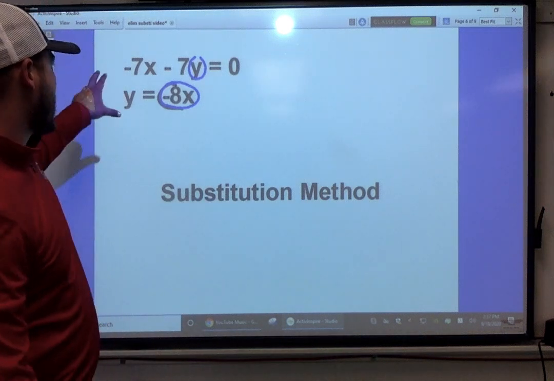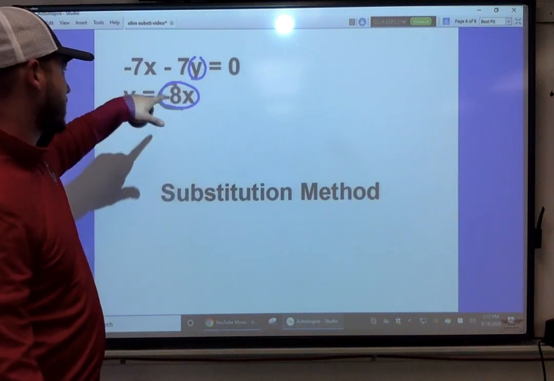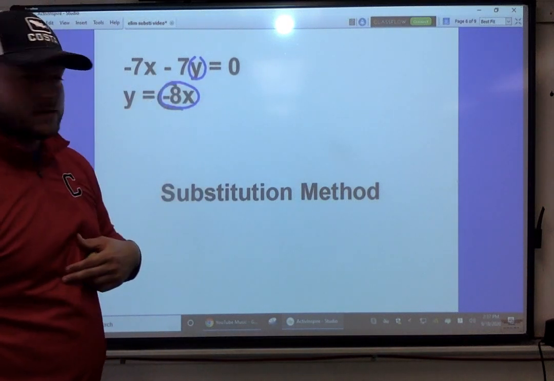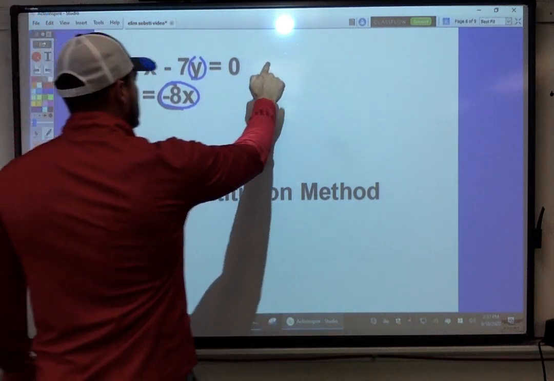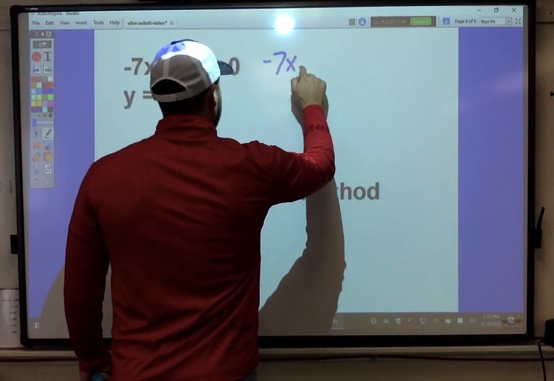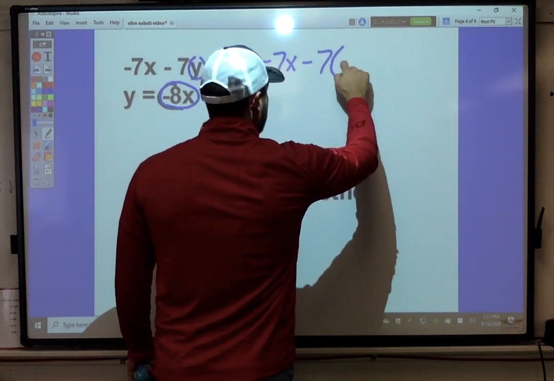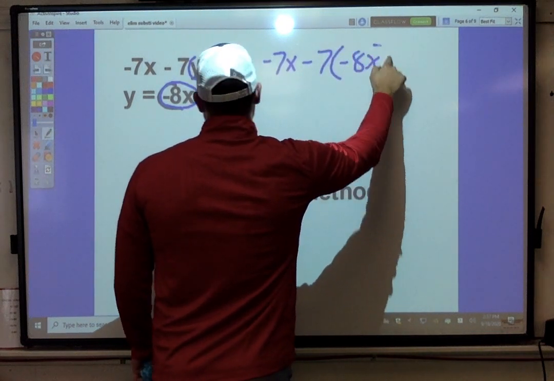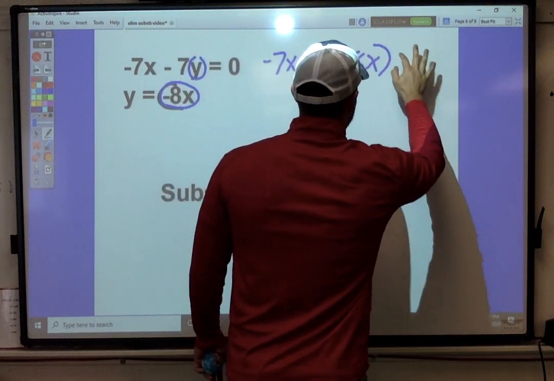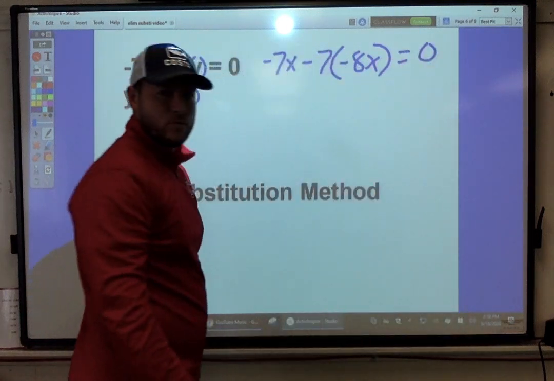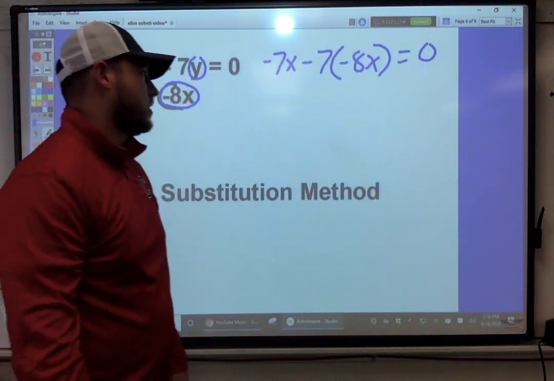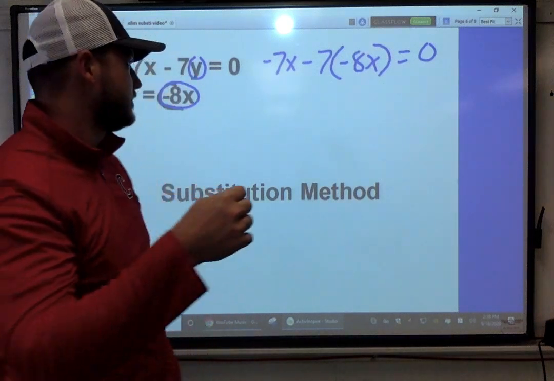So I'm going to rewrite this equation, but instead of writing y, I'm going to write negative 8x. So negative 7x minus 7 times, not times y, but times negative 8x, and that is equal to a nice 0, what you guys are not going to make on this assignment.